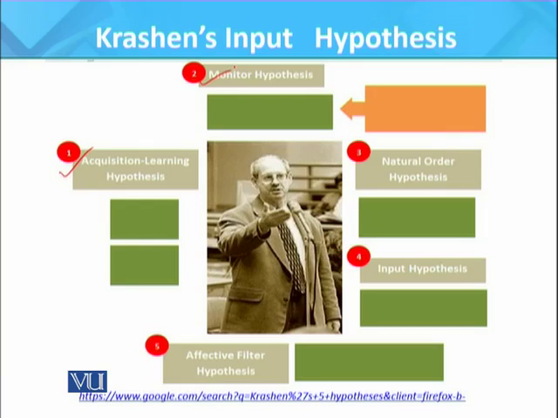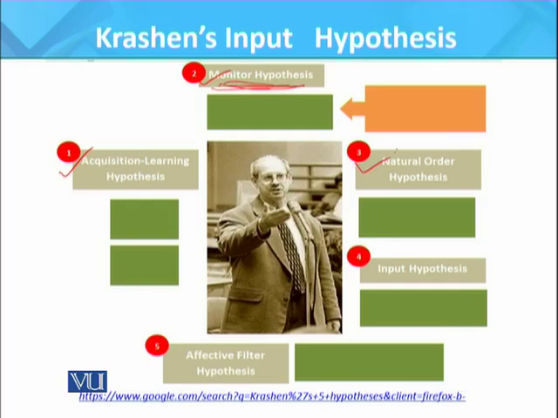Second is monitor hypothesis, which means conscious learning operates only as a monitor or editor that checks or repairs the output of what has been acquired. So as the name states, it monitors the output.